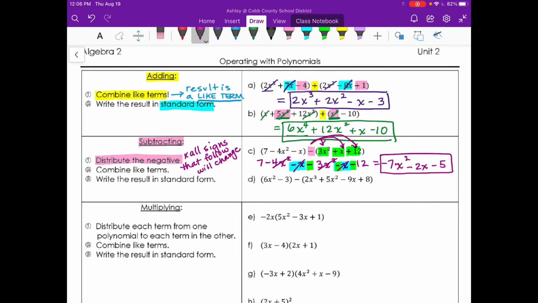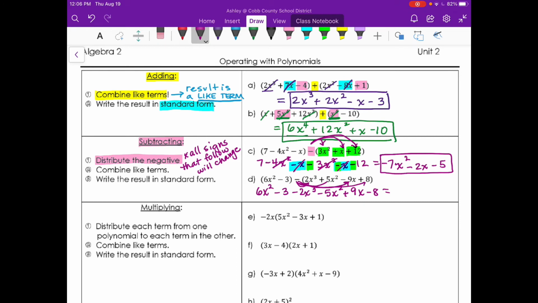For example D, I'm going to do the same thing. So that's going to give me 6x squared minus 3 minus 2x cubed minus 5x squared plus 9x minus 8. Alrighty, so I'm ready to combine like terms again.